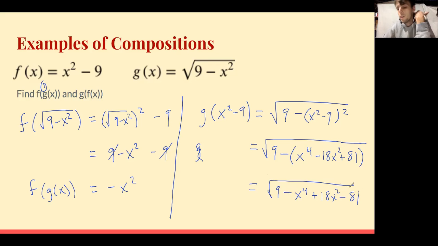I keep wanting to write that middle term incorrectly. And the 9 and the 81 can't actually go together, so otherwise not much else can be done with this. So let's see, 9 minus 81, that's going to be negative 72.